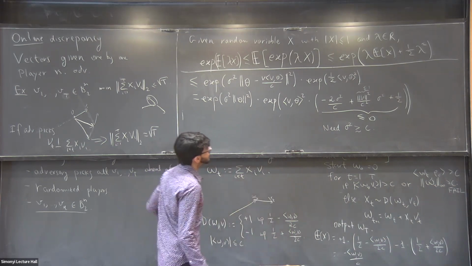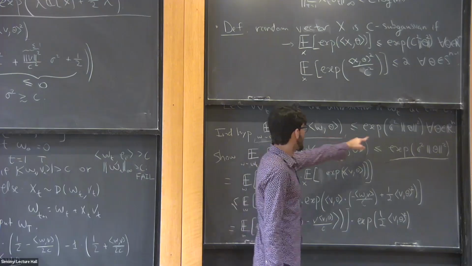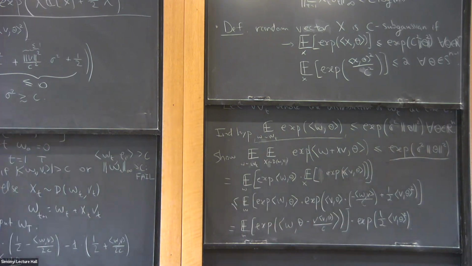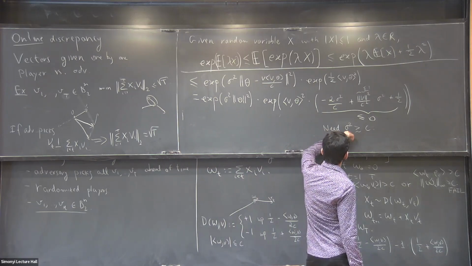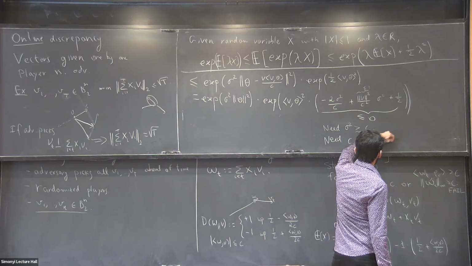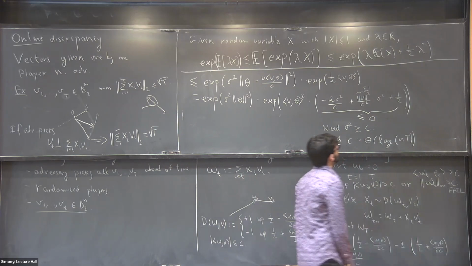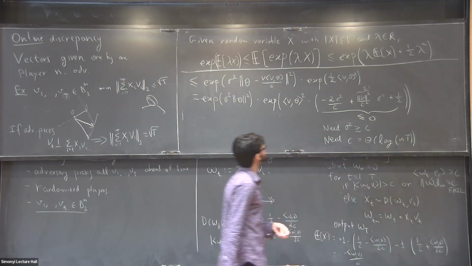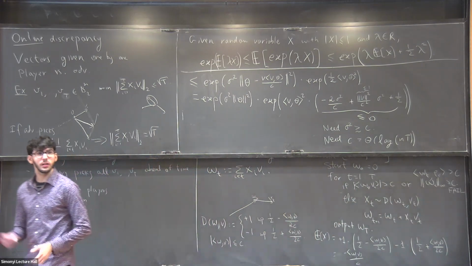If you believe the inductive hypothesis holds, then I just need to pick C to be on the order of log nt, and then with high probability, none of these things will happen. I don't know if that was too fast.